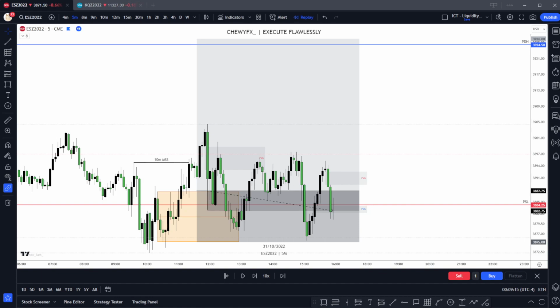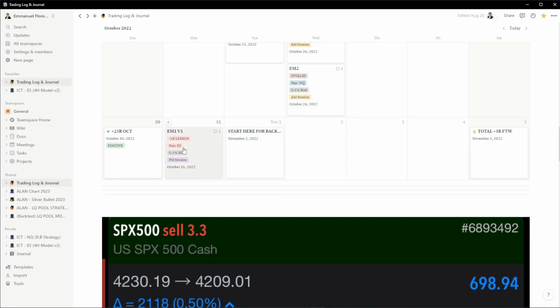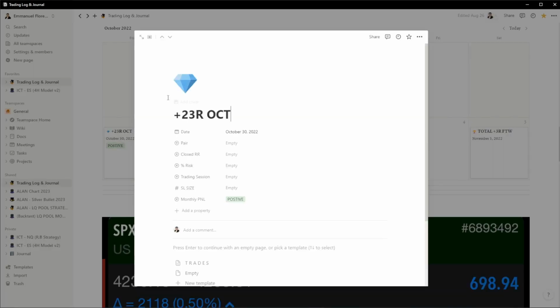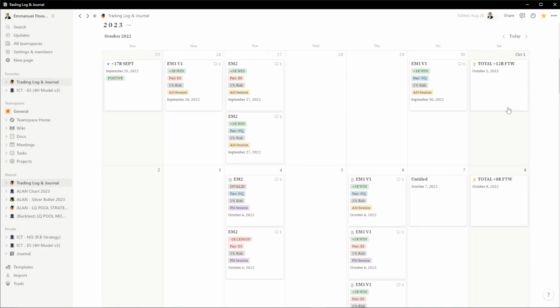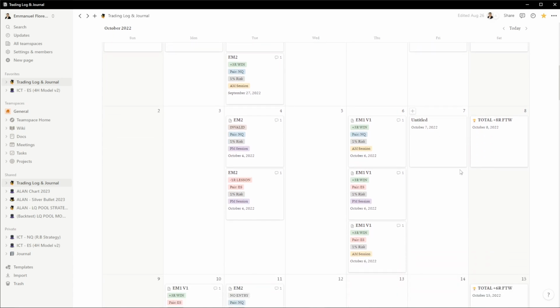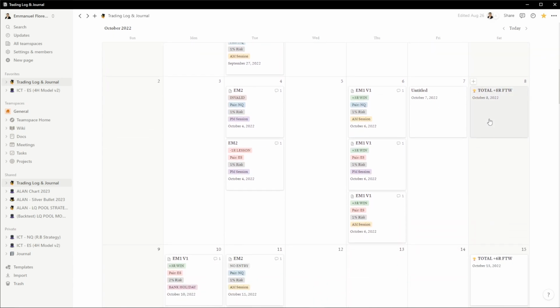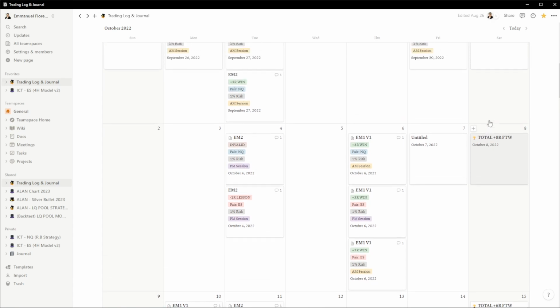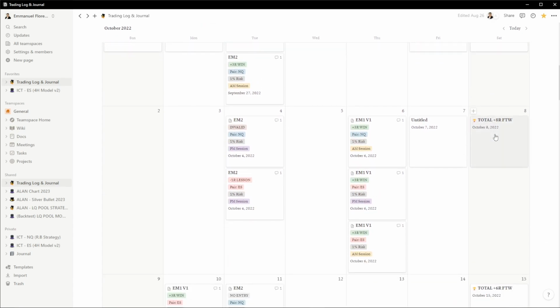So if we just take a look at the final results of October, we can see for October, the first week, we did close off with 8R.